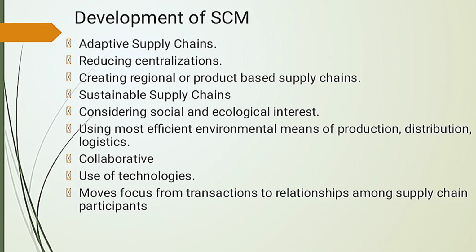The development of SCM could be an adaptive supply chain, reducing centralization and creating regional or product-based supply chains; a sustainable supply chain, considering social and ecological interests, using the most efficient environmental means of production, distribution and logistics; and collaborative use of technologies, which moves focus away from transactional relationships among supply participants.